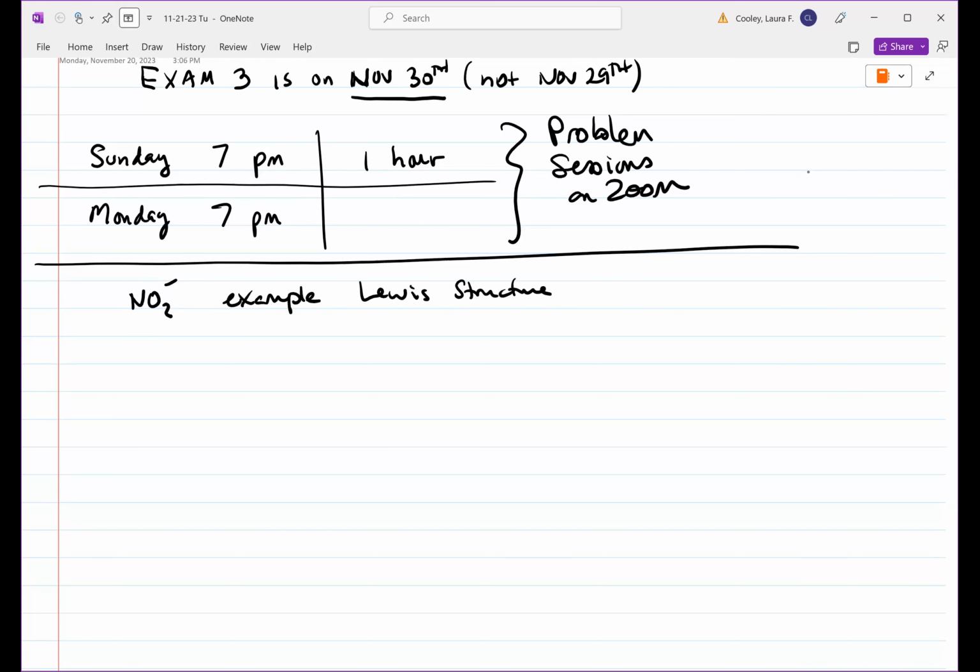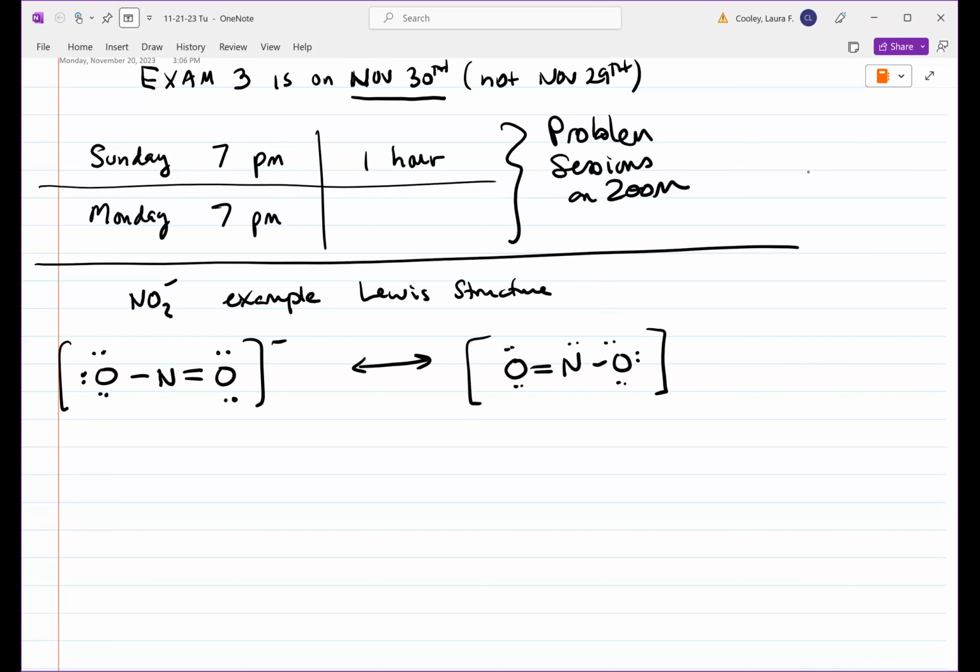And we came up with this. We're going to get back to that NCS minus example that we ended with, but not there yet. So I want to back up. We actually had two resonance structures. That's what we call them.